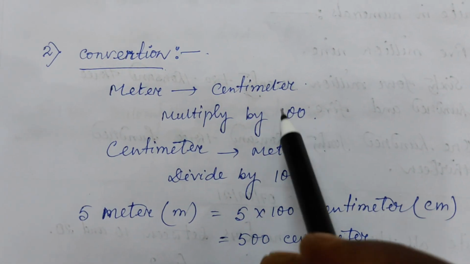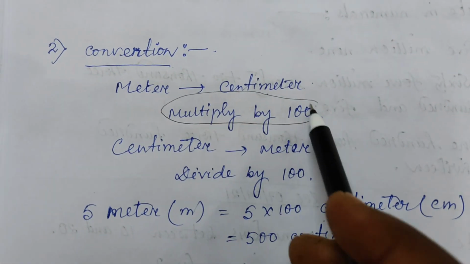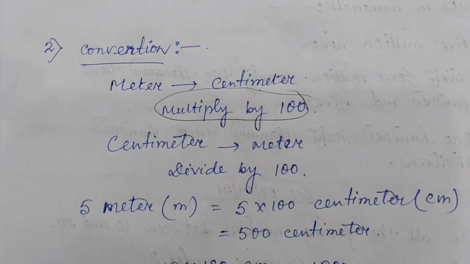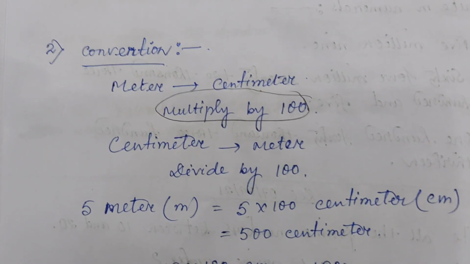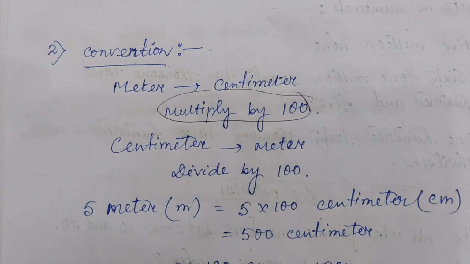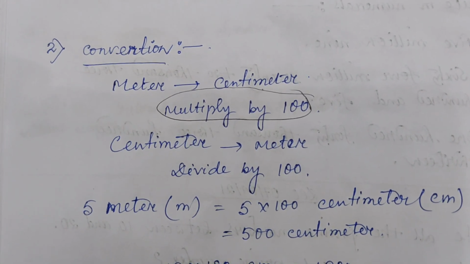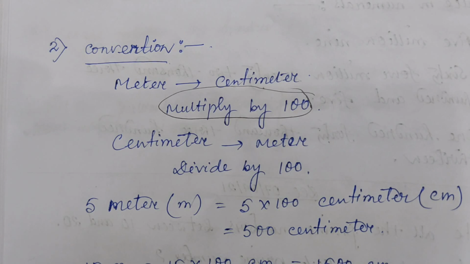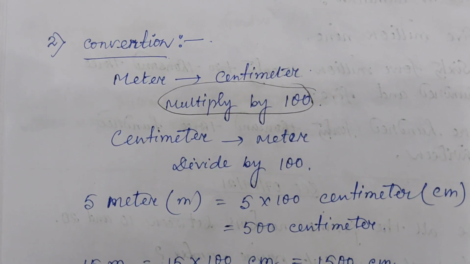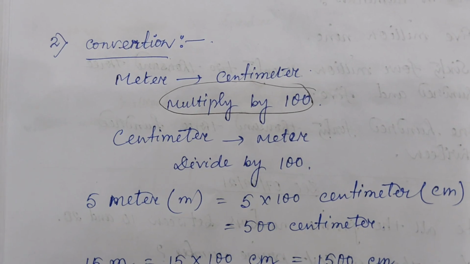We have to multiply by 100. So if the number is given in meters and you have to convert the number into centimeters, then you have to multiply the number by 100.